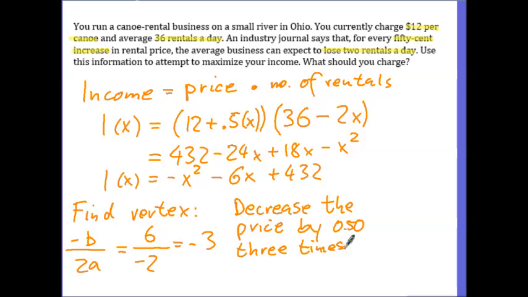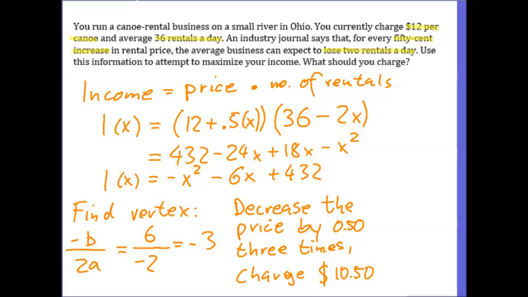In other words, by $1.50, and we're going to charge, therefore, only $10.50. All right, so we're actually going down with the price. We're making more money. Sounds interesting, but let's see how much money we can earn that way.